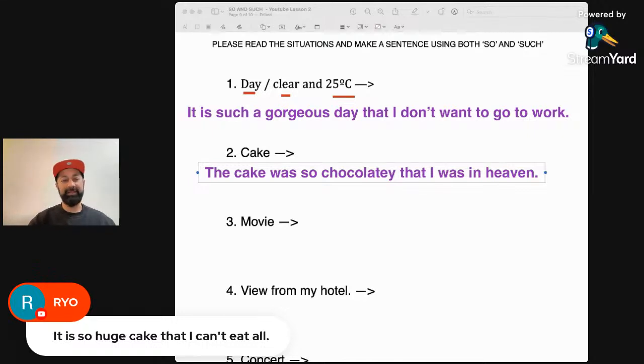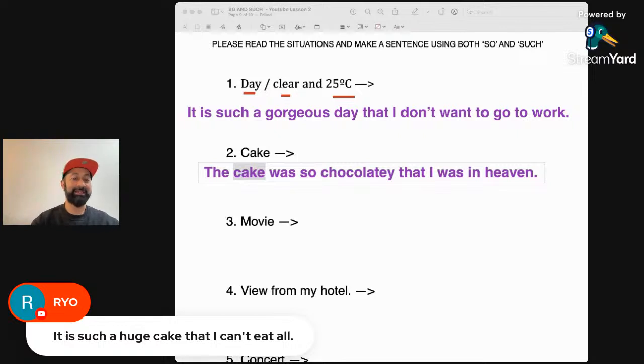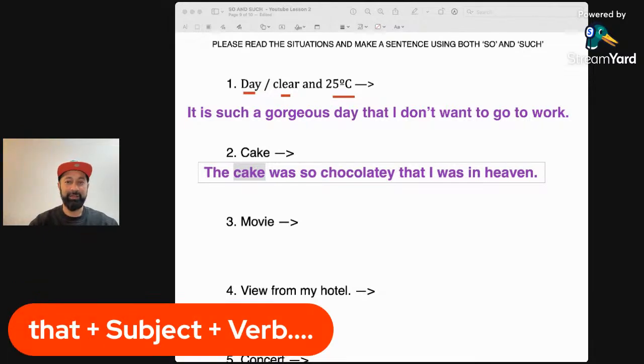If you began the sentence with cake, for example, in my example sentence, then I could use so plus an adjective. All right, very good.